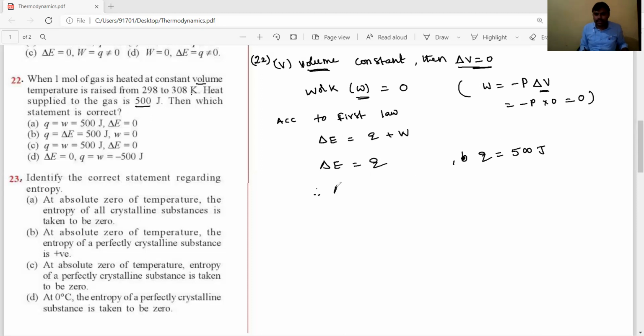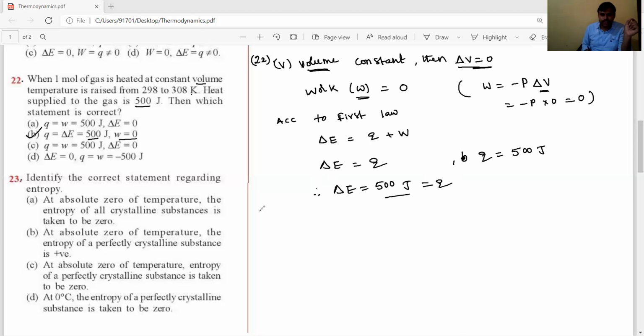Then delta E is equal to 500 joules, the internal energy change. So Q is equal to delta E is equal to 500 joules and work is 0. So the correct answer is B option. B option is correct. Okay, students.